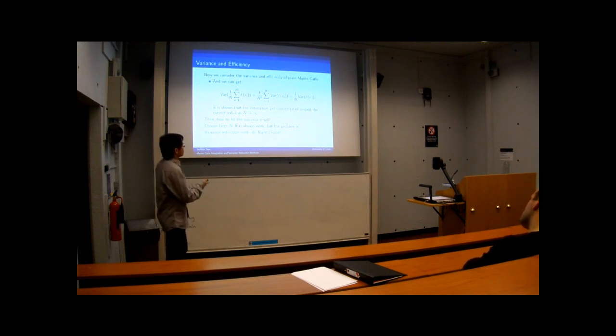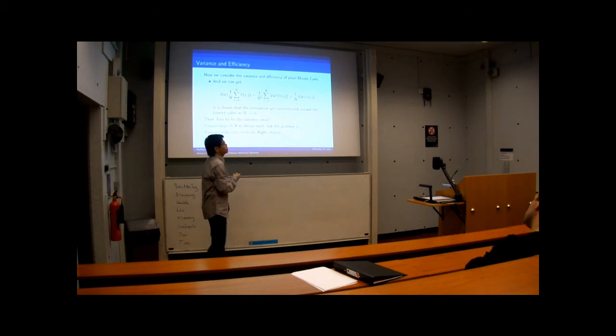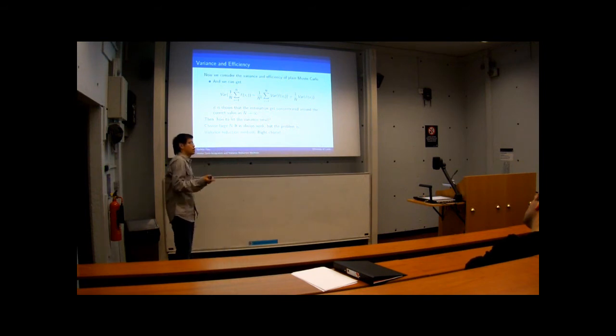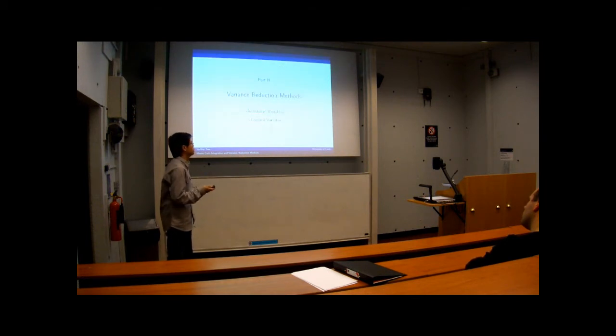It always works because the variance of the approximation is 1 over n times the variance of f(X), so if n is large, the variance will be small. But the problem is that if we choose a higher n, we will have a high computational cost. So another way is to consider variance reduction methods, which I will introduce in the second part of my talk.